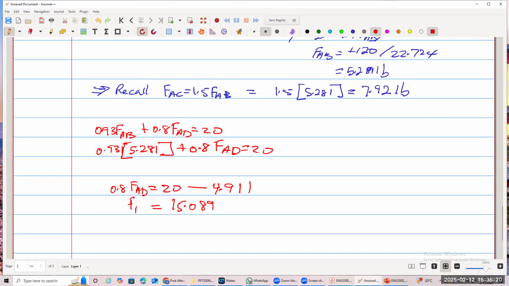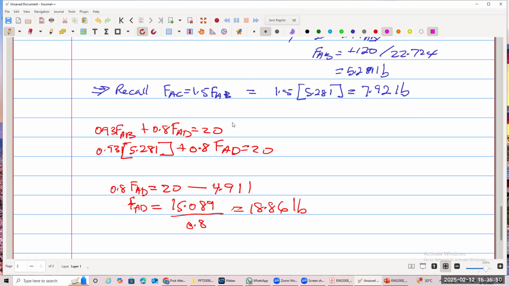So F_AD is that divided by 0.8. And you're getting 18.86 pounds. So right there you have solved for the answers that you're looking for.